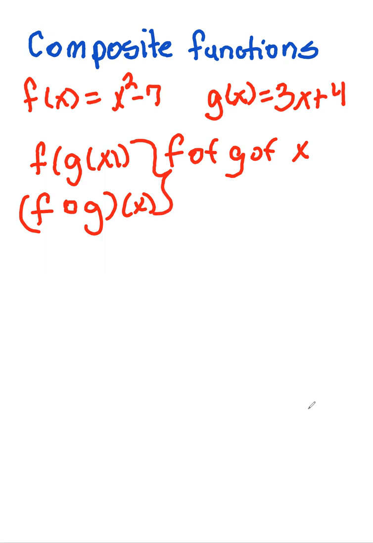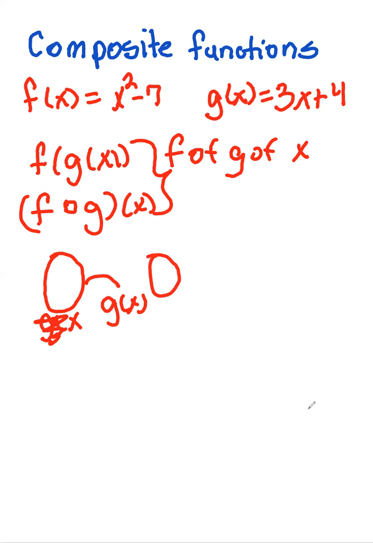So that means that I'm taking two functions. It would be like saying I have x. I'm going to put it into the g function and I'm going to get an output, so input to output.